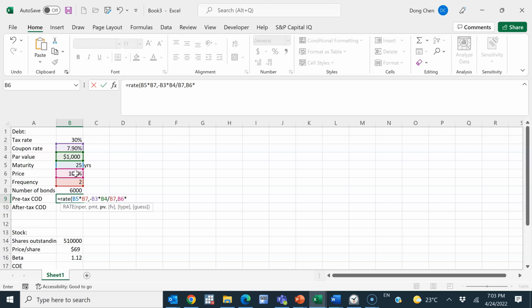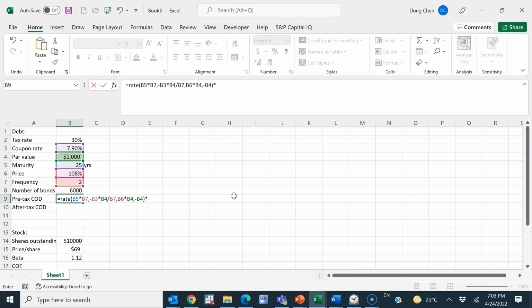But price here is coded as a fraction of the par value, so I need to multiply this 108% by the par value to get the price. And finally, to be consistent, I need to make the future value, which is the par value, a negative number. So now I can close this, but as I said, so far we just calculated the semi-annual YTM.